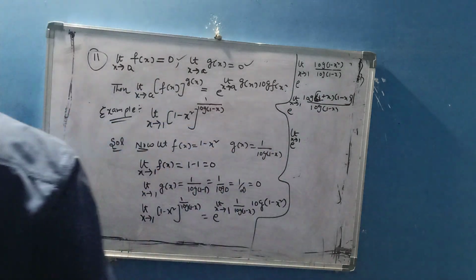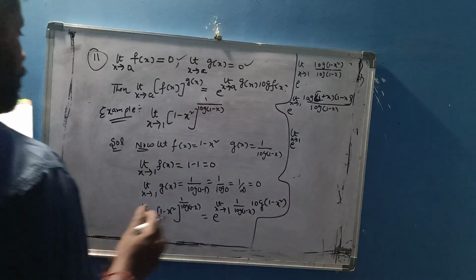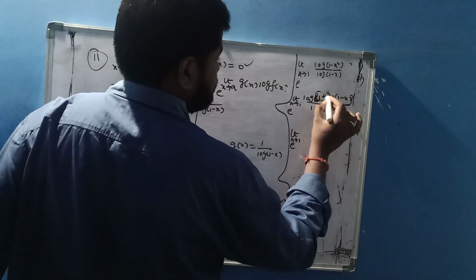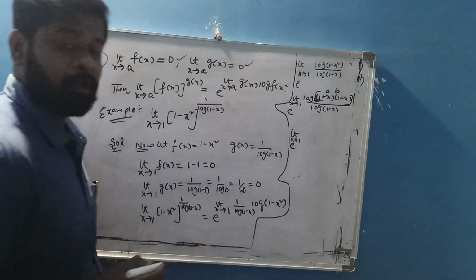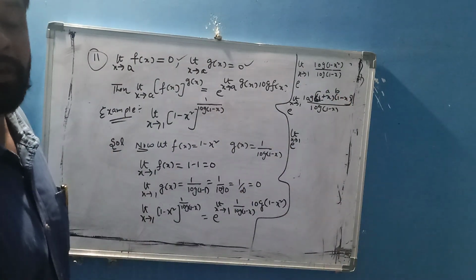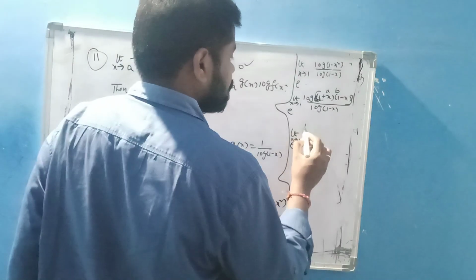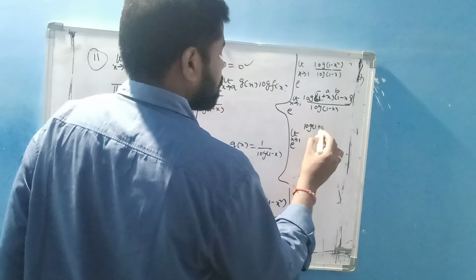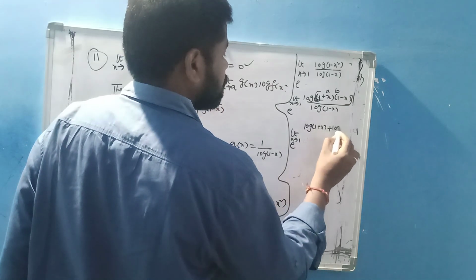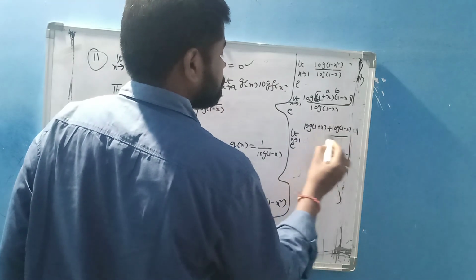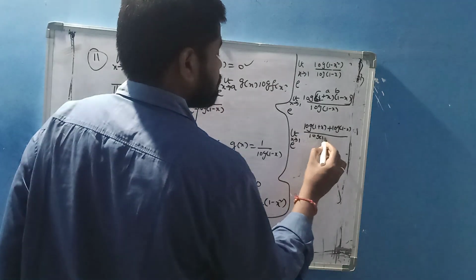Log AB formula. What is that? Log A plus log B. Log AB equals log A plus log B, so log of 1 plus x plus log of 1 minus x by log 1 minus x.